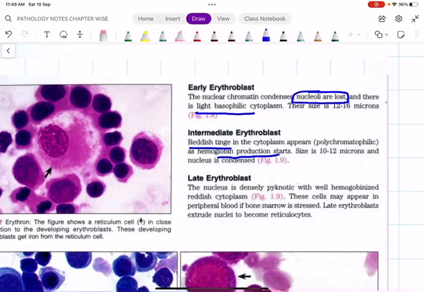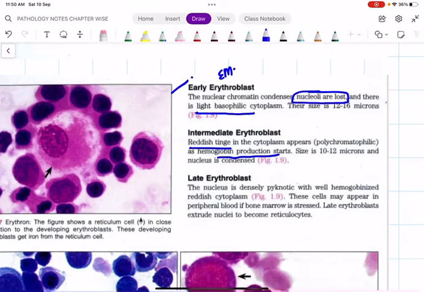Here come two important MCQ questions. In which stage of erythropoiesis does hemoglobin appear? If the question is like this, your answer should be early erythroblast. Appears means early erythroblast, because in early erythroblast the hemoglobin appears, and that you can see only by electron microscope.